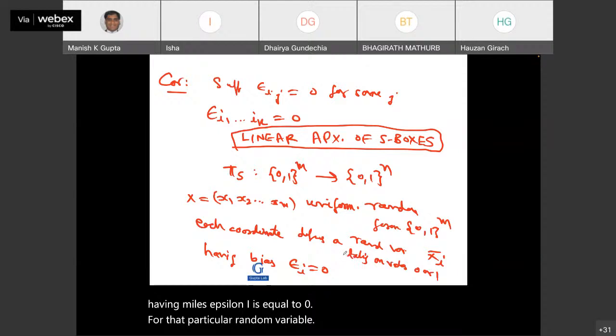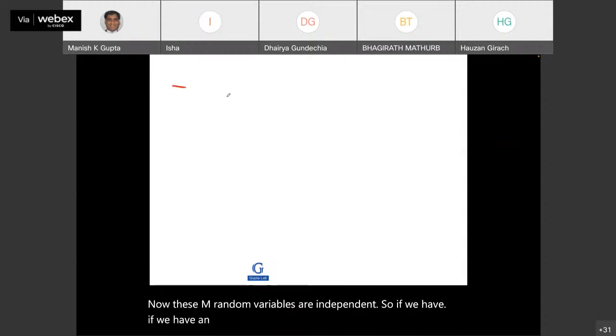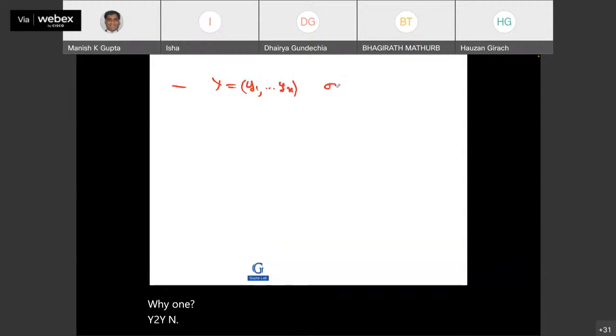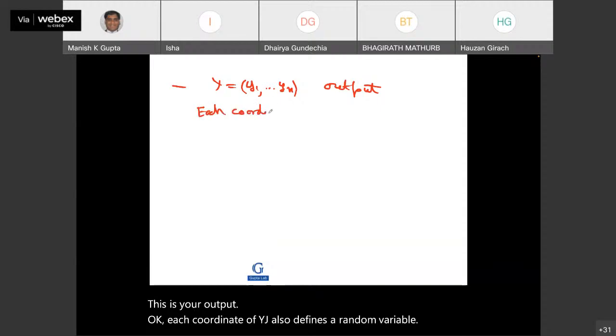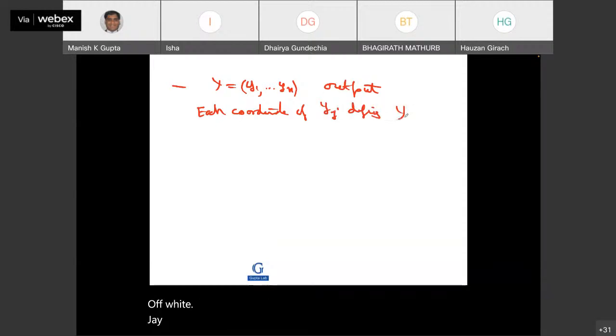Now these m random variables are independent. If we have an output n-tuple y = (y1, y2, ..., yn), each coordinate yj also defines a random variable yj bar, taking on the values 0 or 1.